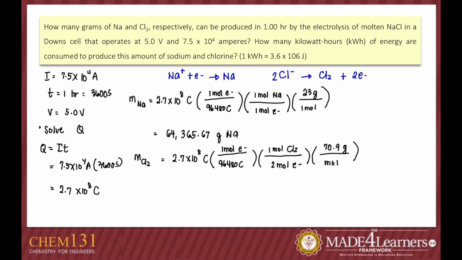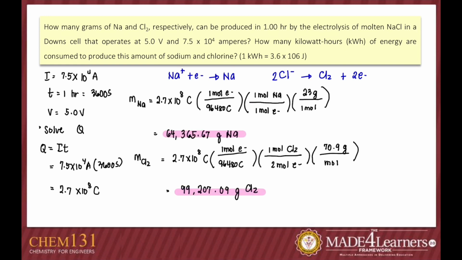So using our calculator, we'll be able to solve around 99,207.09 grams of chlorine. So, muna sila ang masses nga ma-produce sodium and chlorine.